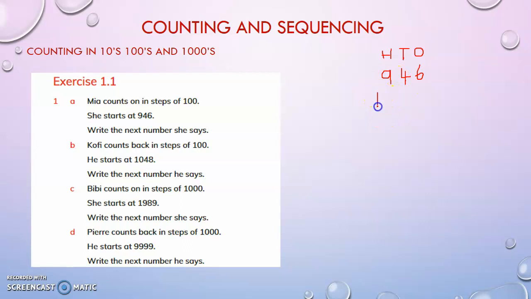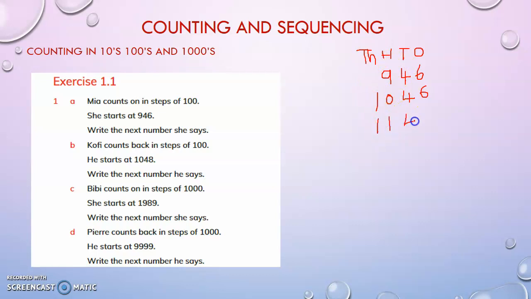9 more will be 1046. The other place values do not change. 9 in the hundreds place plus 1 more, you will have another value in the thousands place. Now again, if we add 100 to this, only the hundreds place changes. So add 1 more to the 0.